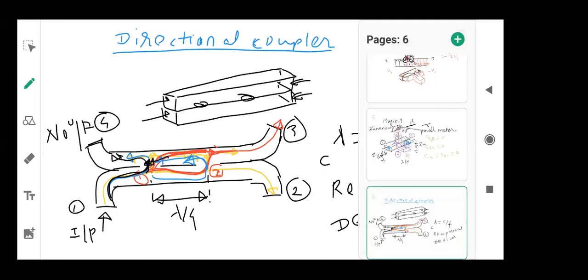other devices. Now we are going to talk about non-reciprocal devices, meaning the response of the device will differ in different directions. Like a simple wire, it's reciprocal in nature.